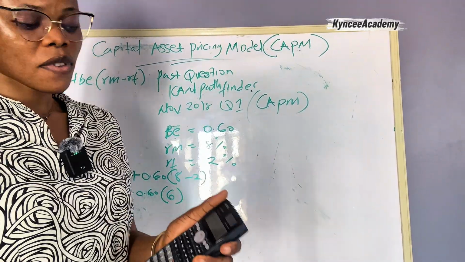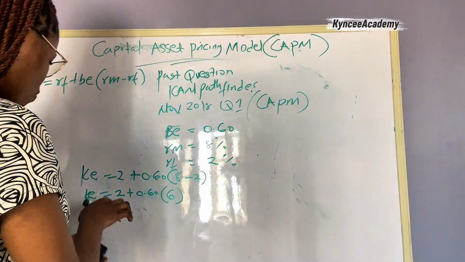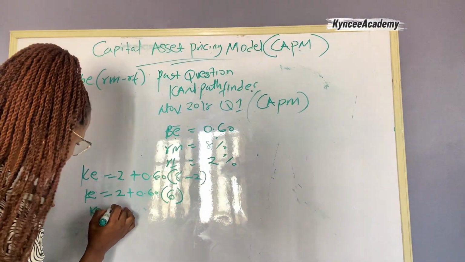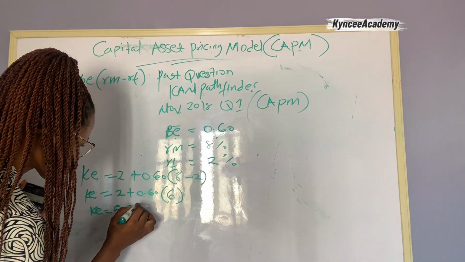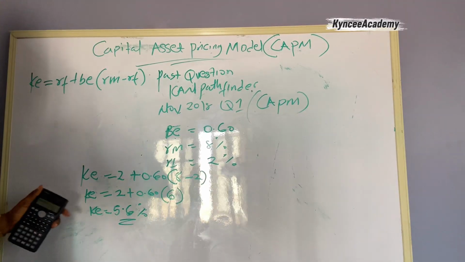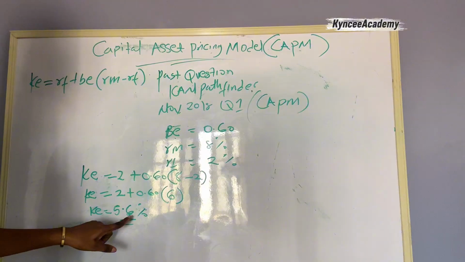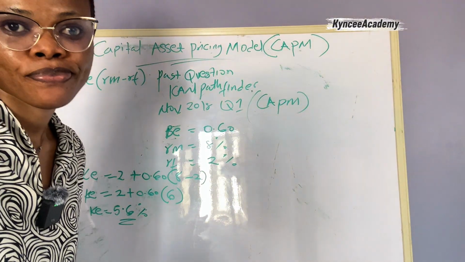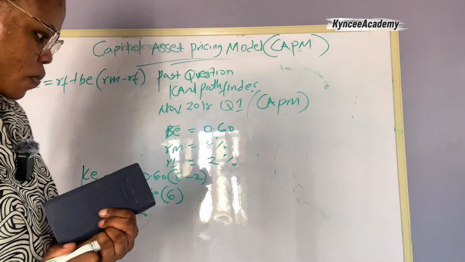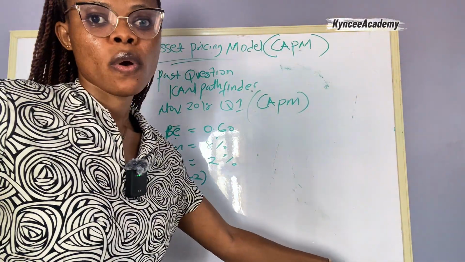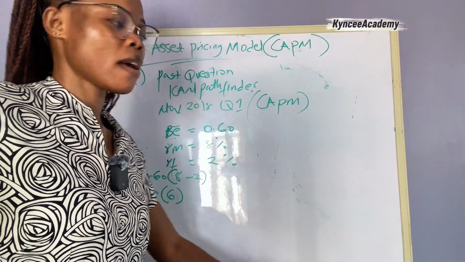That gives us 3.6, then plus this 2, that's 5.6. So this means that our cost of equity is 5.6%. Is that clear? So we'll now move to our second question, where we'll have to use the second formula.